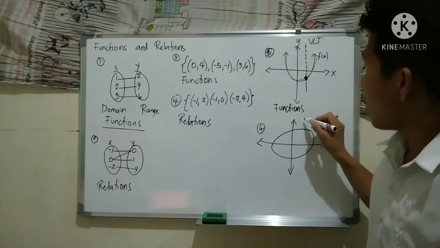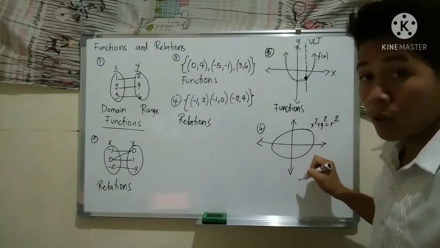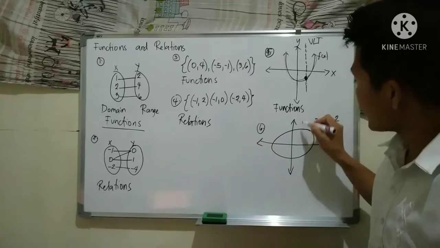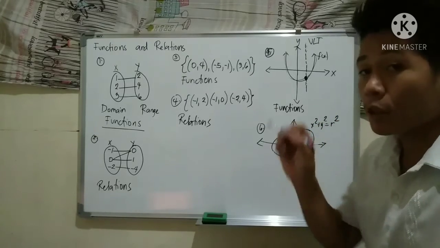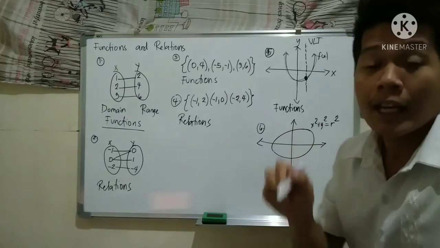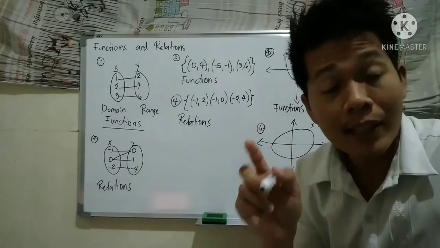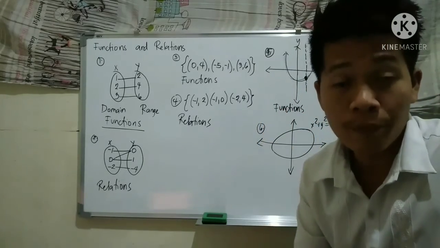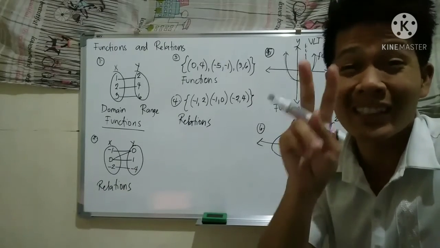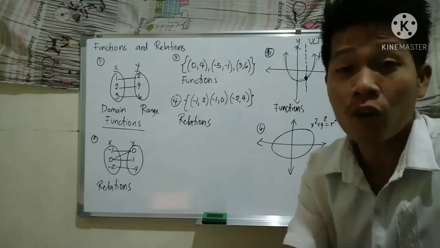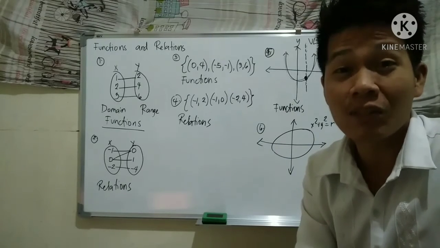From top to bottom, okay. So, let's have the vertical line test. If the vertical line drawn intersects the graph at more than 1 point, which means it intersects 2 or 3, therefore it is not considered a function.